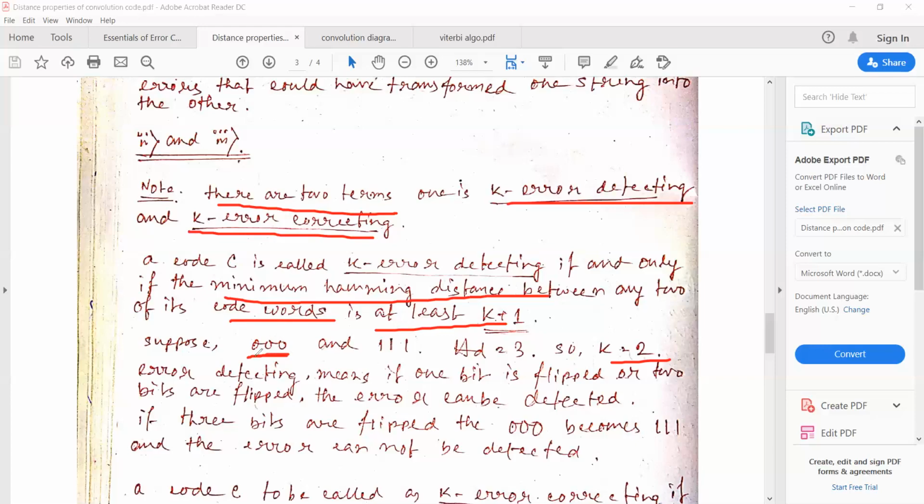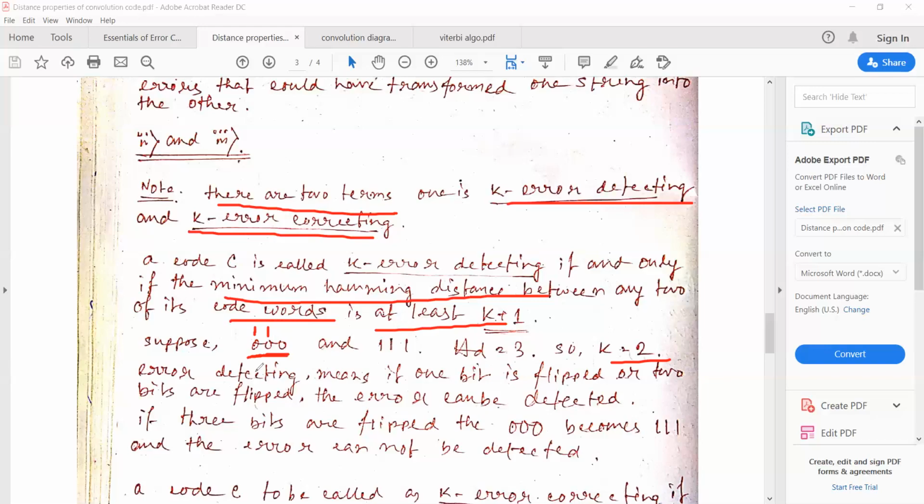From this 3-bit representation, if I flip, meaning if I make a 0 into a 1, or any one bit is flipped to 1, or any two bits become 1, 1, then the error can be detected.